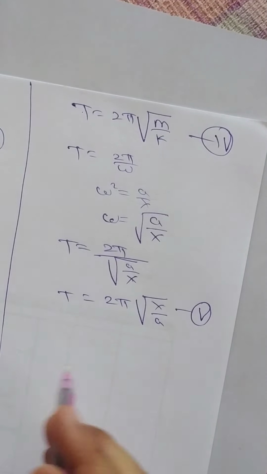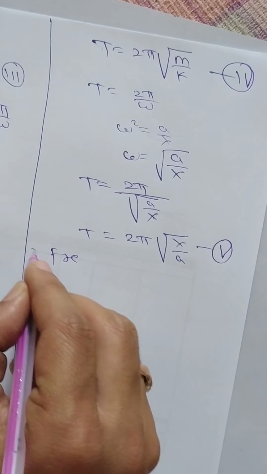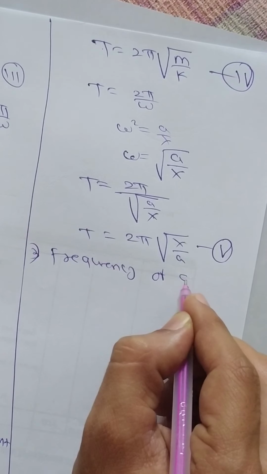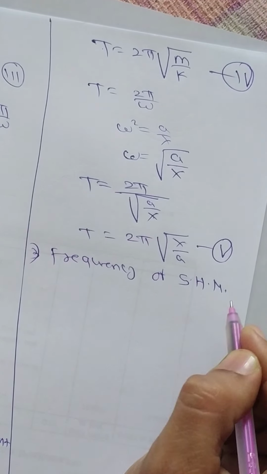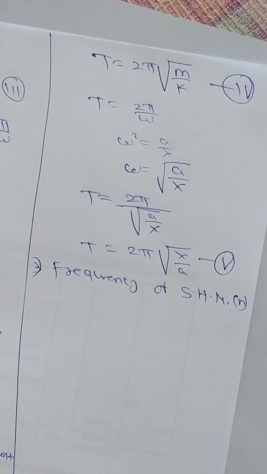And then the last one, that is third, frequency of SHM. That is small n we have to define. So what is frequency?